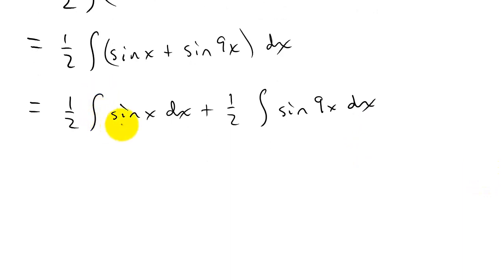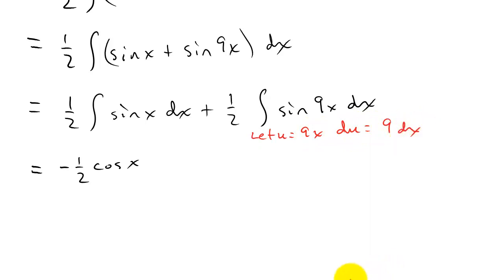Alright, so here in this first one, the antiderivative of sine is negative cosine, so that's going to be negative 1/2 cosine x. And then for this one, I'm going to let u equal 9x, so du is 9 dx.